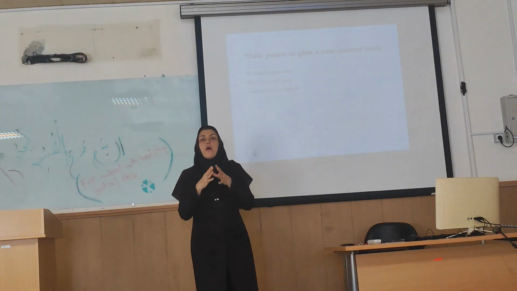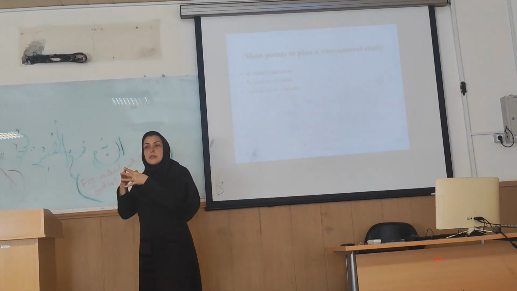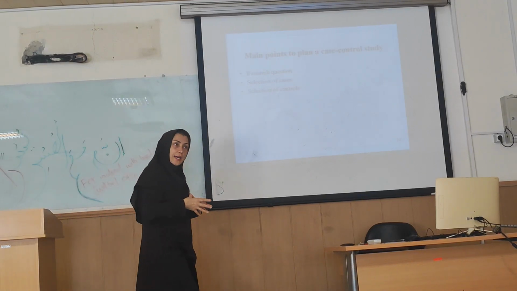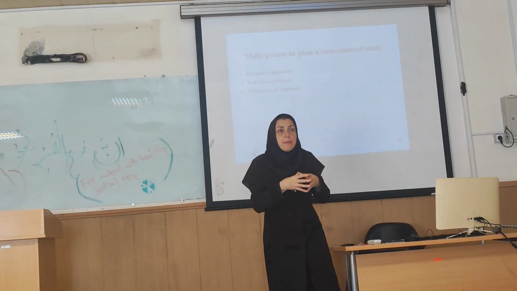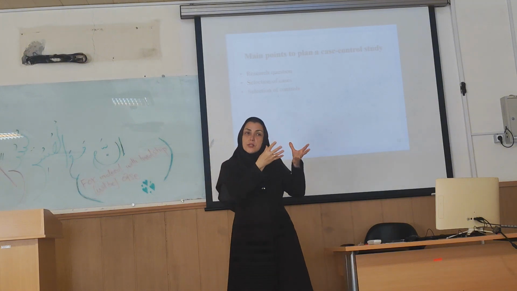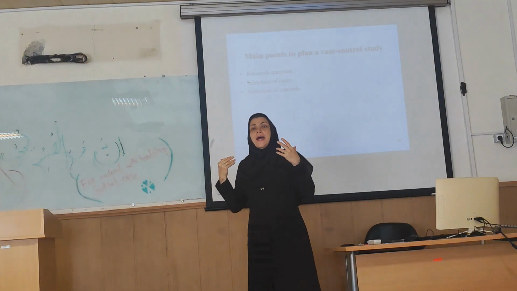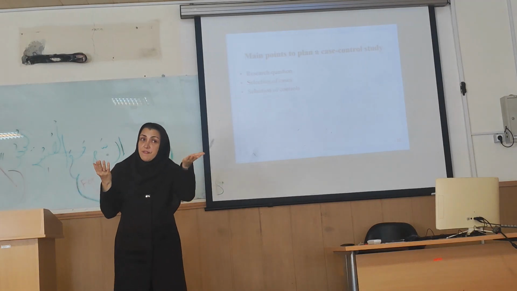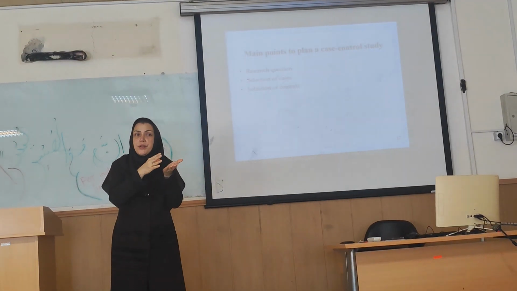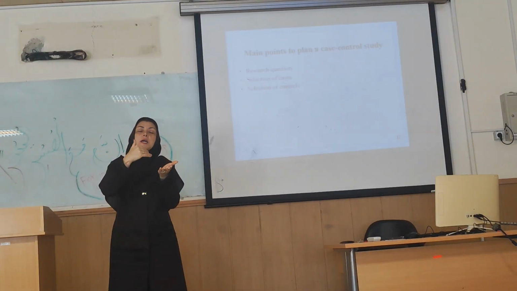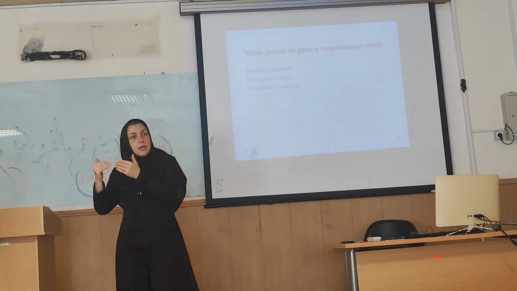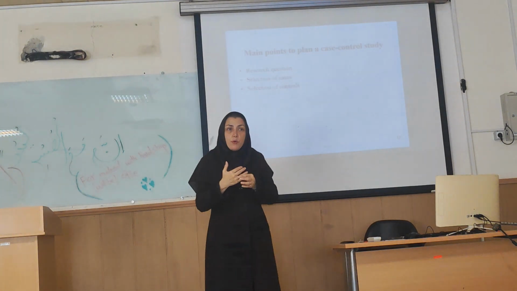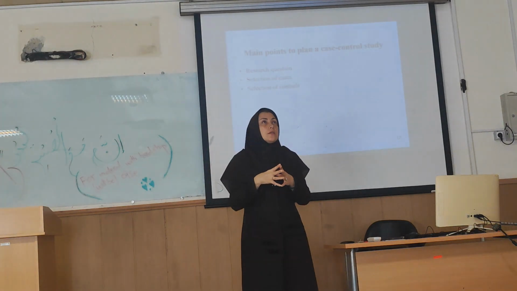We know who are diseased and who are not diseased at the beginning of the study. And after that, we can ask them about the previous history of exposure, and we can compare the percentages of the exposure, for example, smoking among disease with the percentage of exposure among non-disease.